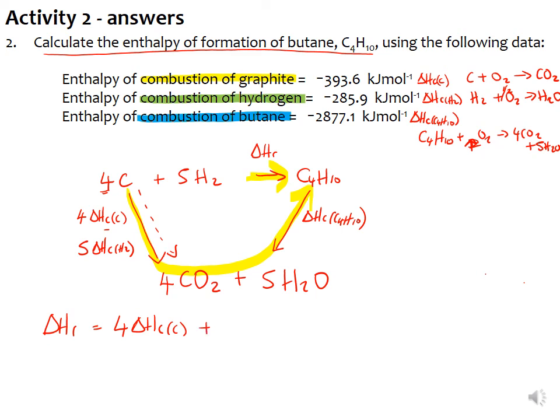We're going to plus that to 5 lots of delta HC for hydrogen. And then we're on the other side of the arrow and we're going opposite direction, so we're going to minus the delta HC for butane.